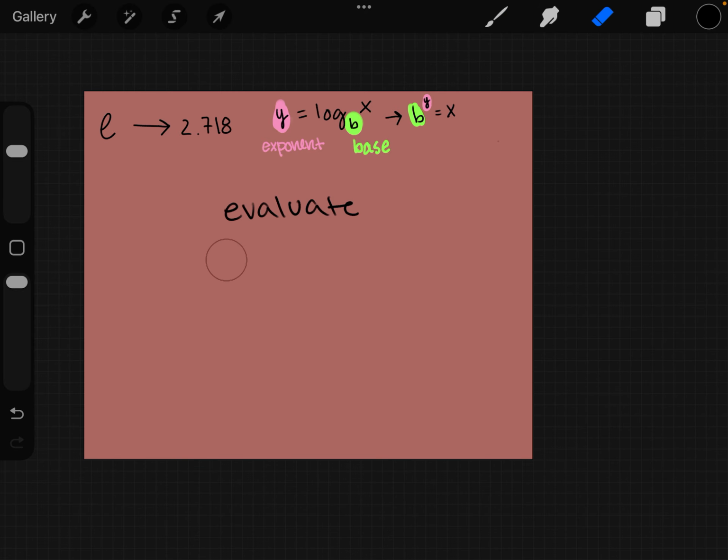Oh no, whoops, this is a different one. Okay, our bases have to be the same, so it's gonna be 2.